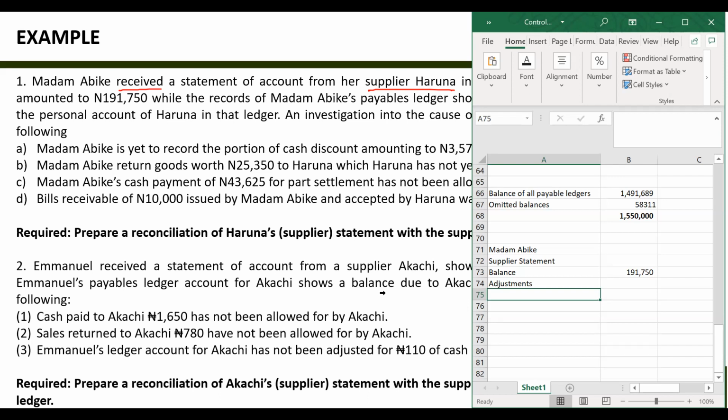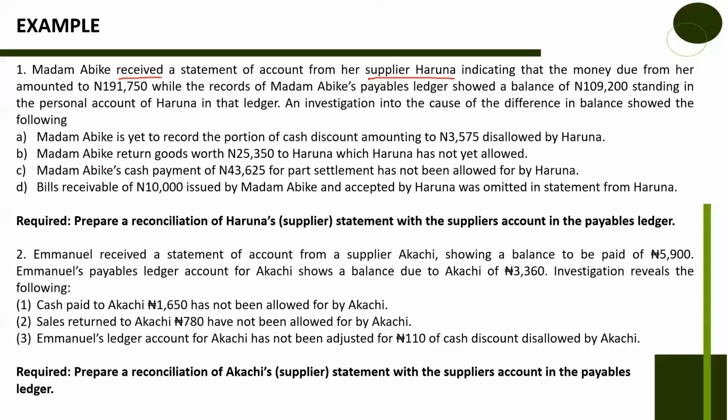Yes, sir. Okay. So Motunayo, this is where we are. This first one: Madam Abike is yet to record the portion of cash discount amounting to 3,575 disallowed by Aruna.